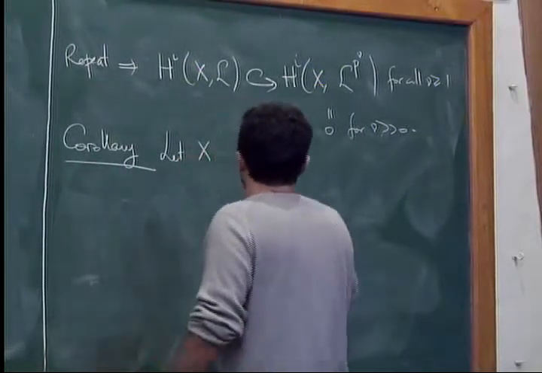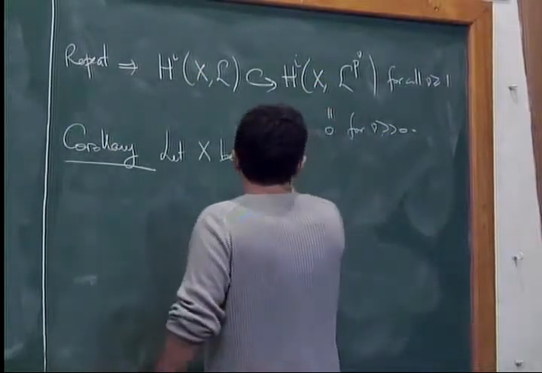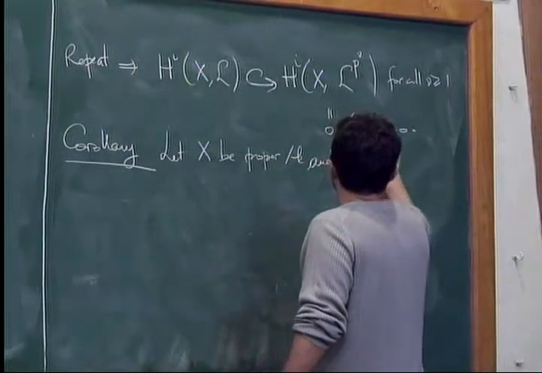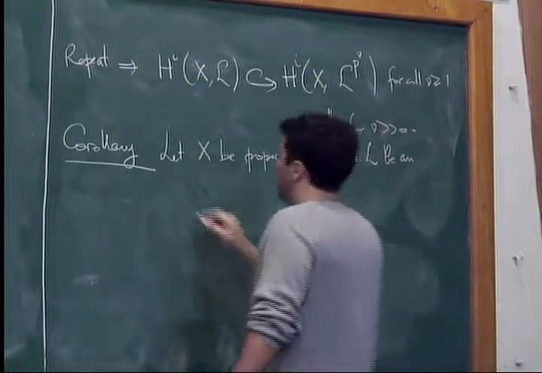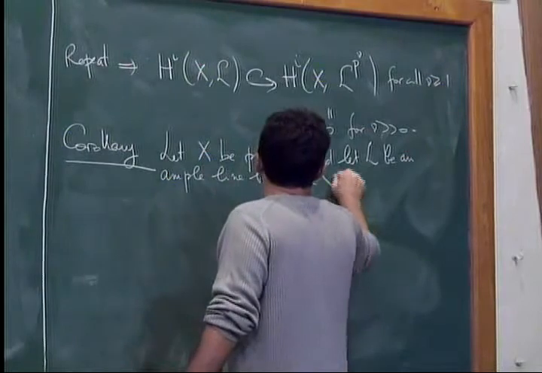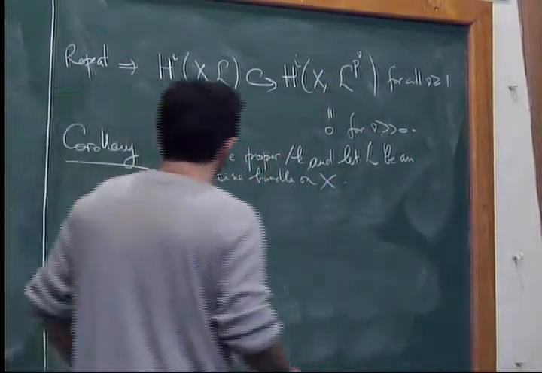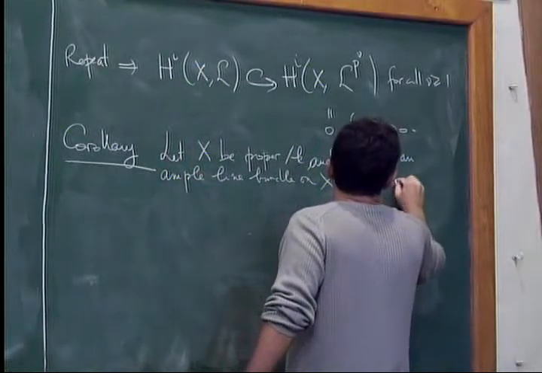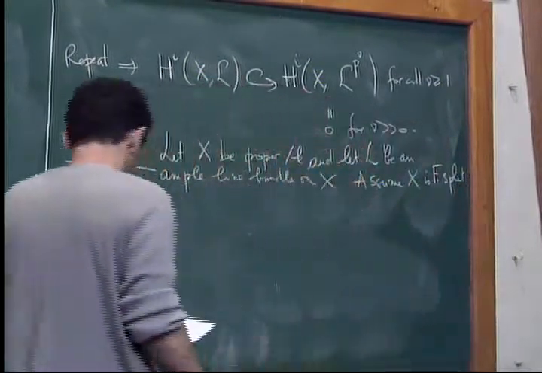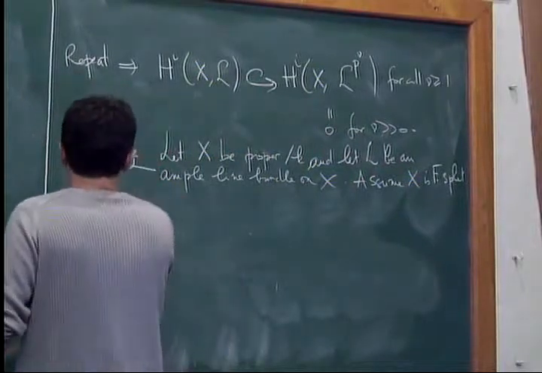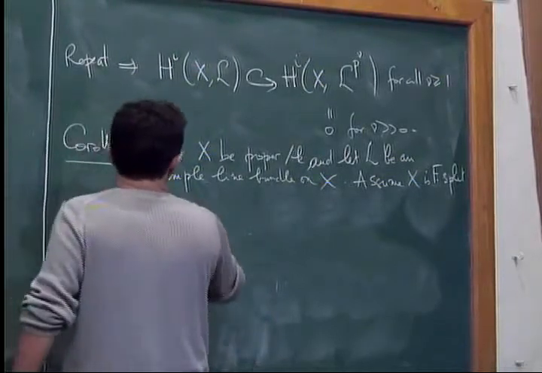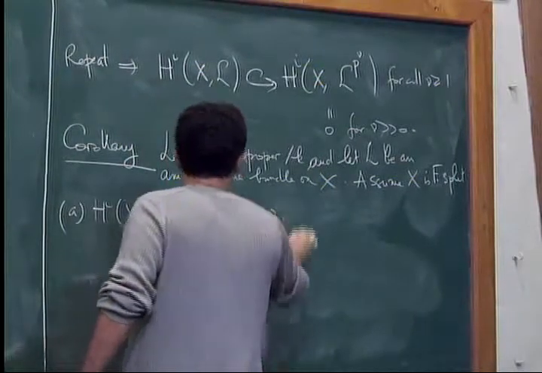Now let X be proper over K, and let L be an ample line bundle on X, and assume X is F-split. Then A, H^I of X with values in L is 0 for I positive.